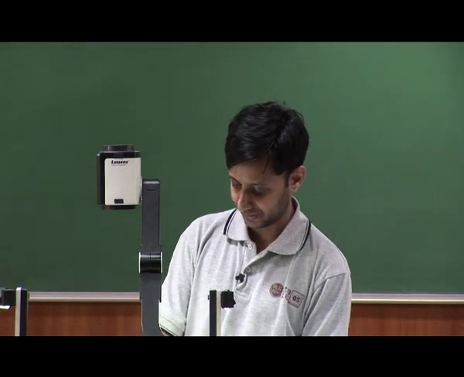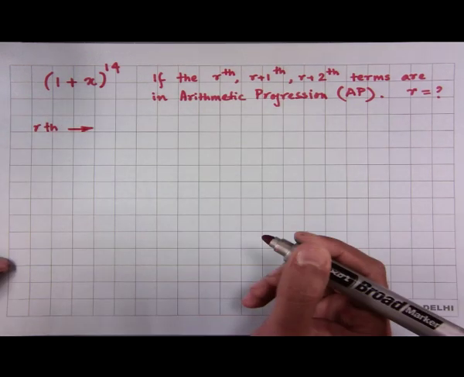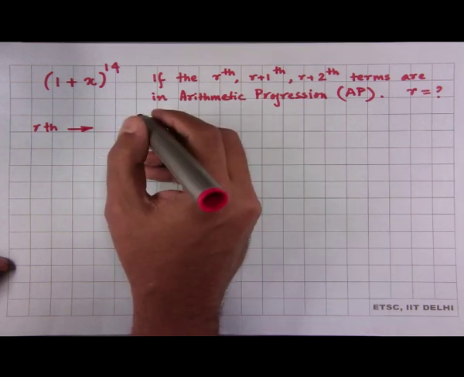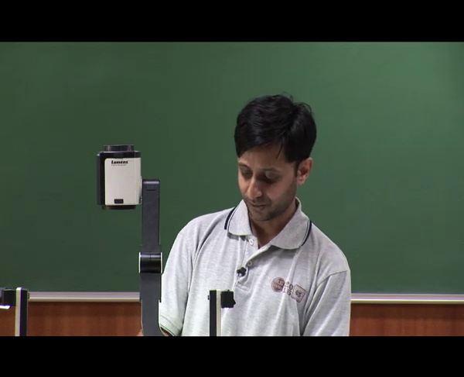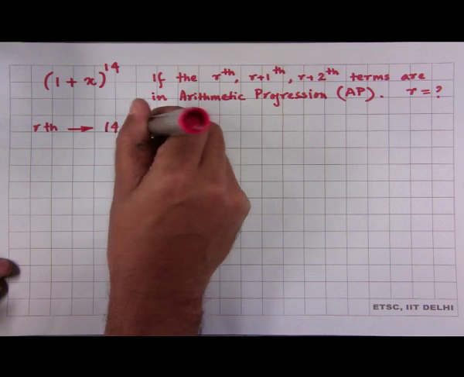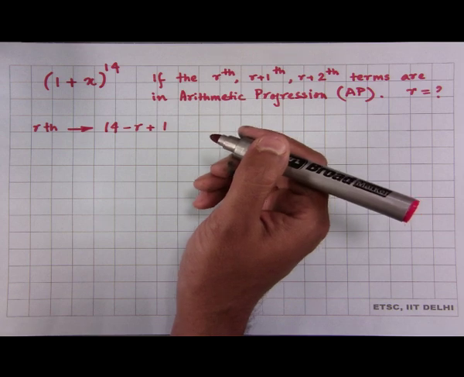So, the rth one is you choose how many ones? The rth term you are going to choose 14 minus r plus 1 ones, and how many x's?